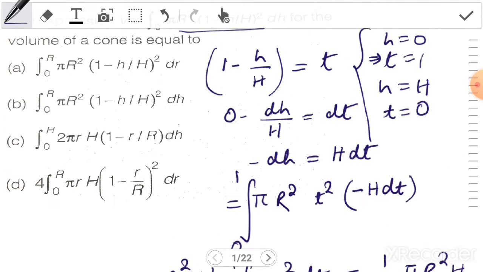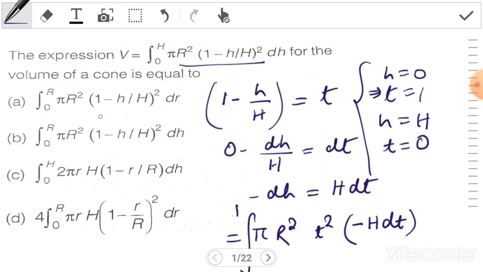Now we will consider option A and option D because these contain variable r. As variable of integration is r here in option A and D, so we will consider A and D only.